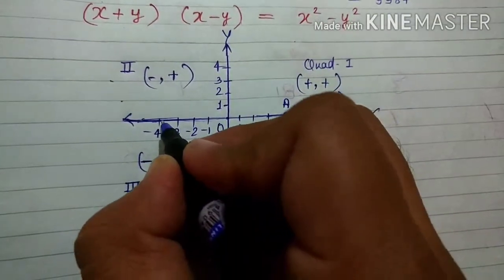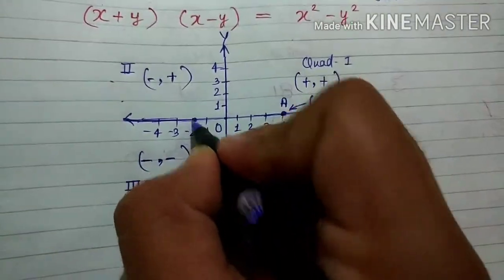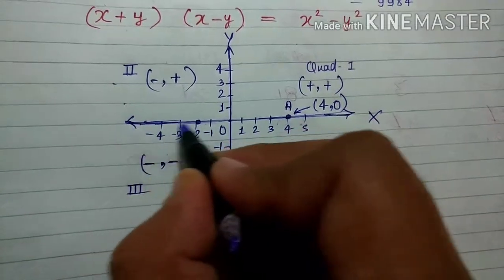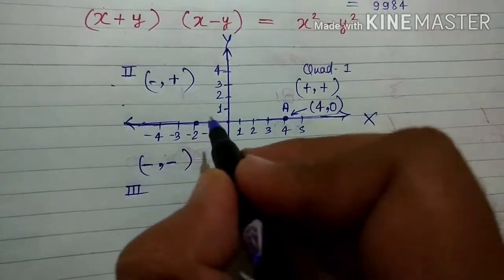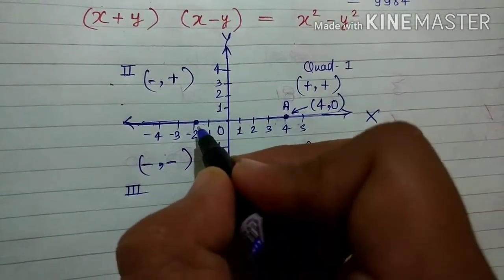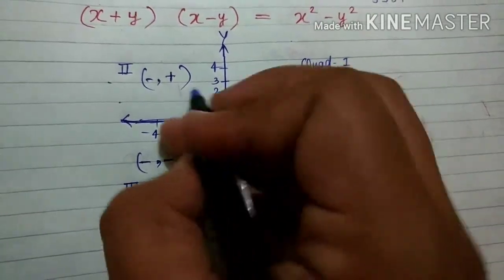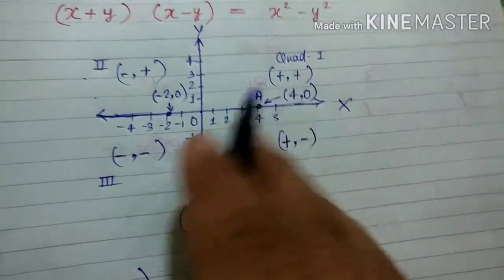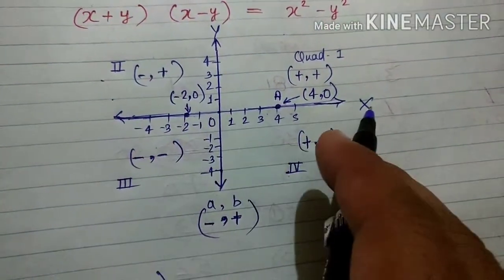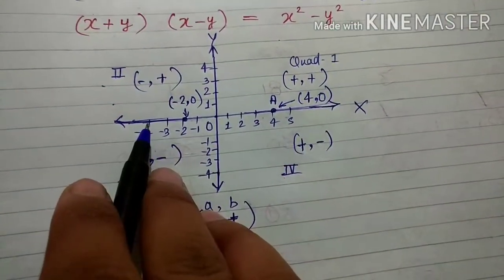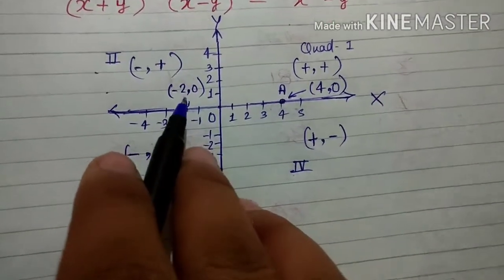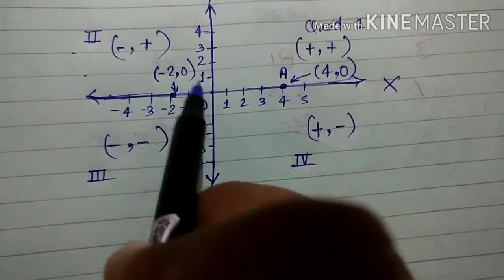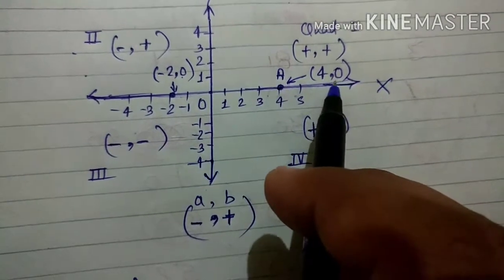Now take one more point. We can take this point here, this 2. These all points are coming on the x-axis only, because the condition is that the point should come on the x-axis. So the coordinate of this point is minus 2 comma 0. We can take a point on the right hand side of the x-axis or the left hand side. Whenever we take values, the value of y is 0.